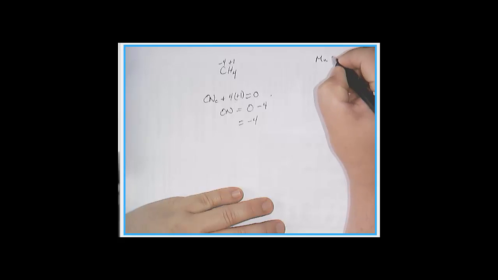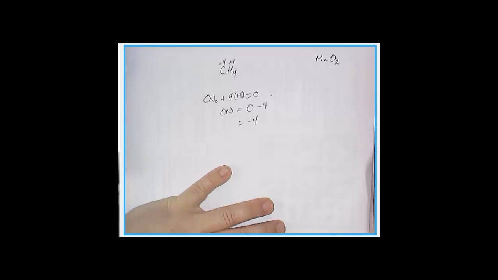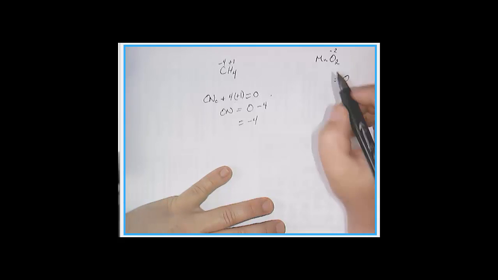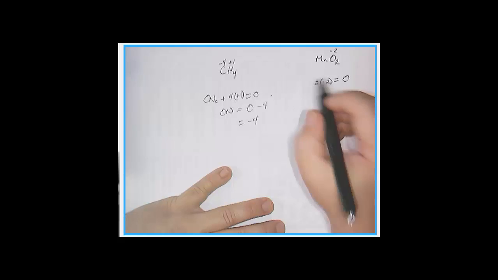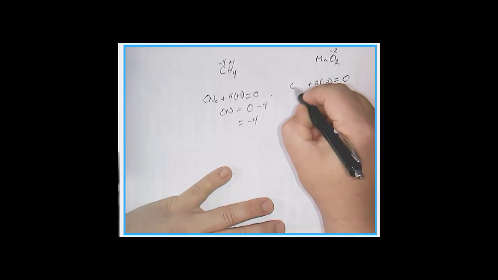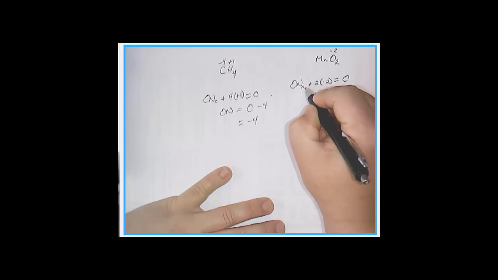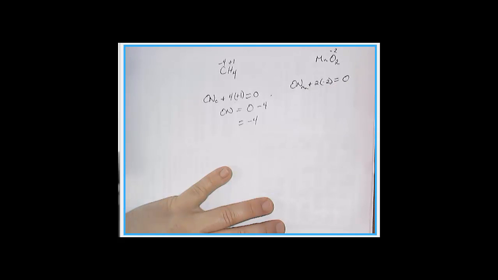So we use manganese dioxide to illustrate this one. You may be aware that oxygen almost always is assigned an oxidation number of -2. Again, this is an uncharged species, so the sum needs to be 0. There are 2 oxygens, 2 times -2, and then all we have to do is just calculate the oxidation number for manganese.